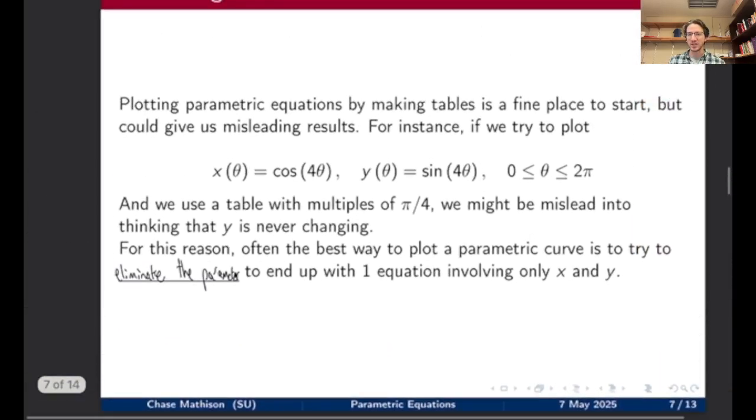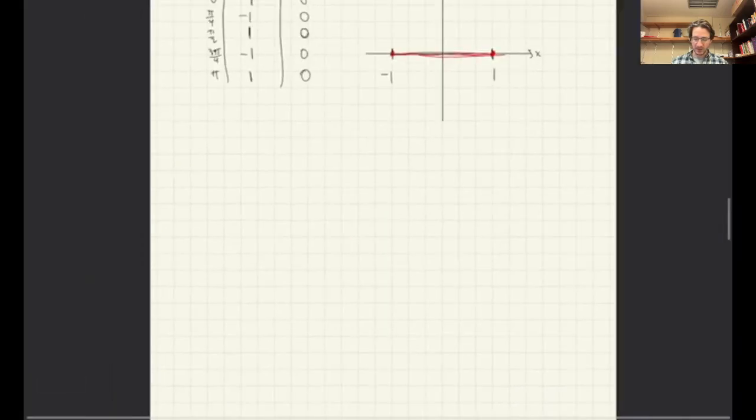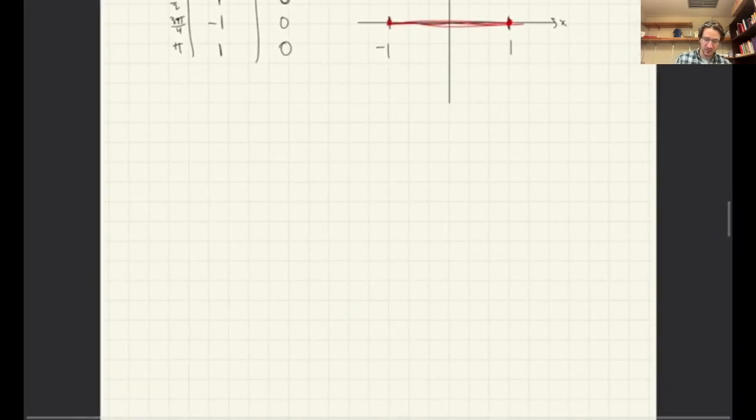There's a multitude of strategies depending on what your particular parametric equations look like. For something like this with cosines and sines, I'm usually going to try to take advantage of the Pythagorean identity.